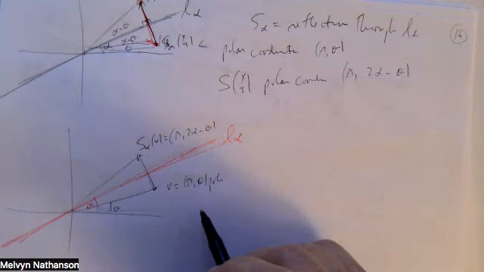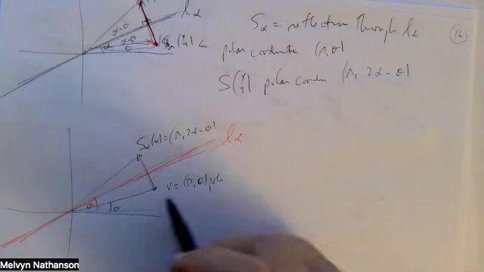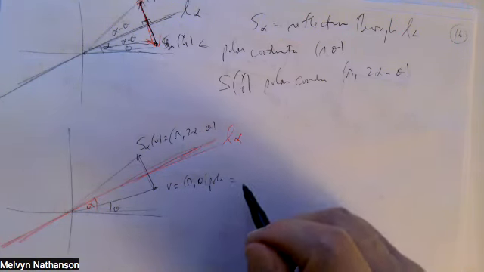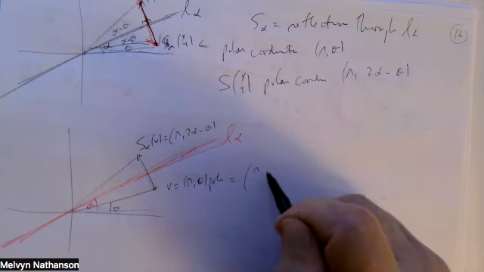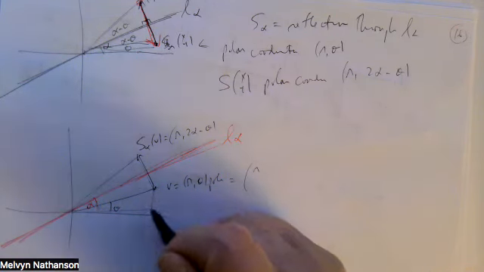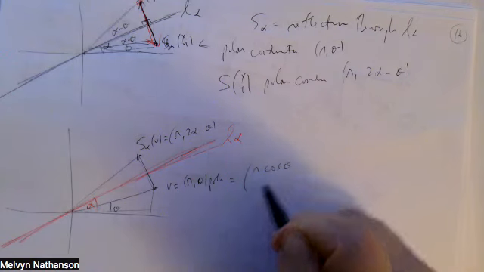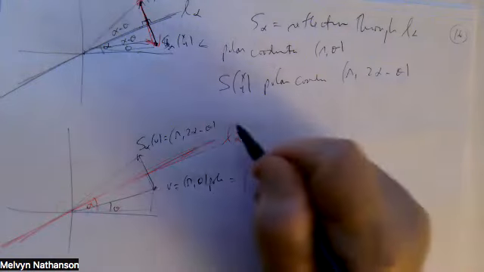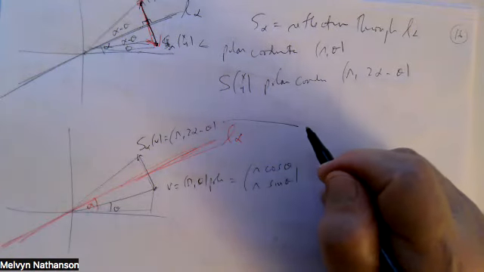What are the coordinates of this vector in rectangular coordinates? This is going to be r cosine theta, r sine theta. What are the coordinates of this vector?